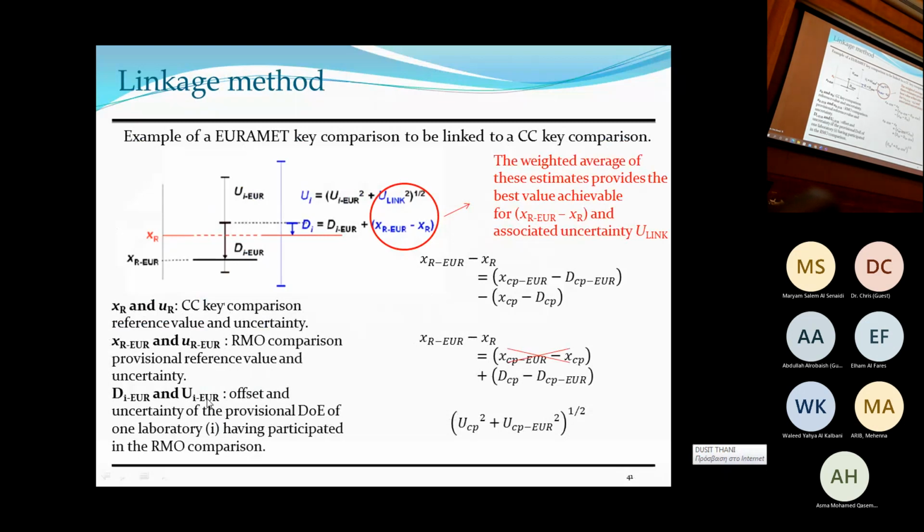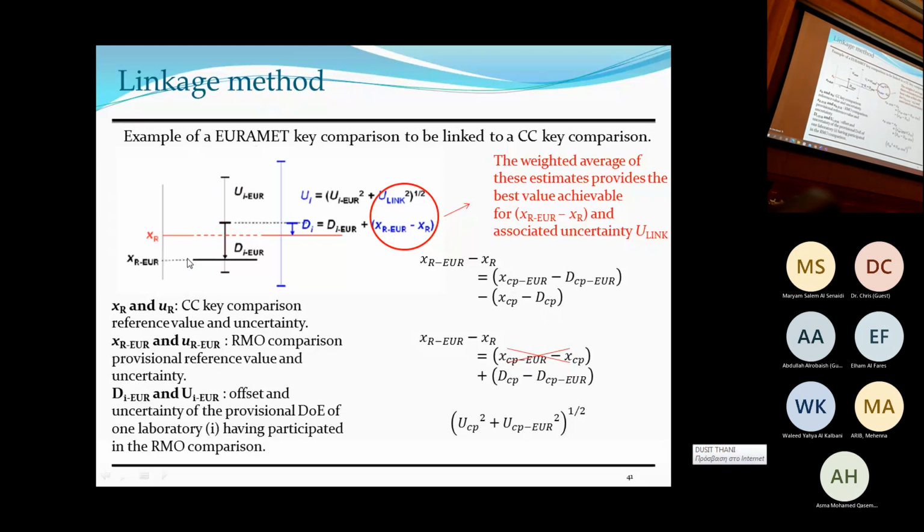DI,EUR and UI,EUR are the offset and uncertainty of the provisional degrees of equivalence of one laboratory having participated in the RMO comparison. So what is that? This is the result of one laboratory, and this is its uncertainty. So this is the CC reference.